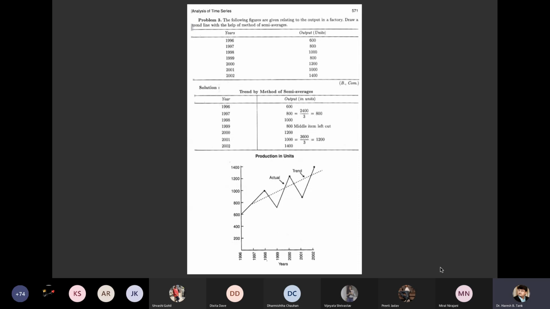Now things are the same. Plot all the points on a graph paper, connect them freehand, so you will have the zigzag graph. On the x-axis, the lowest value is 1996, the highest value is 2002. All these points should be on your x-axis. Similarly, y-axis. On the y-axis, the lowest value is 600 and the highest value is 1400.